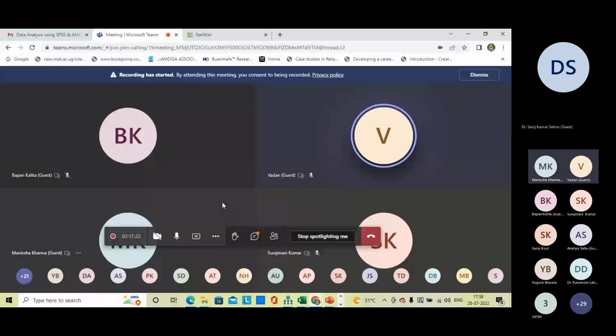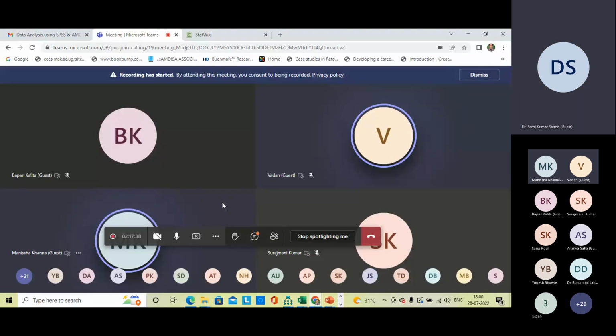Okay, sir, if I got it, you mean to say that either we can increase the size of our sample or we can delete some of the respondents after identifying them as outliers. Yes, sir. These are the initial two. So many things are there.